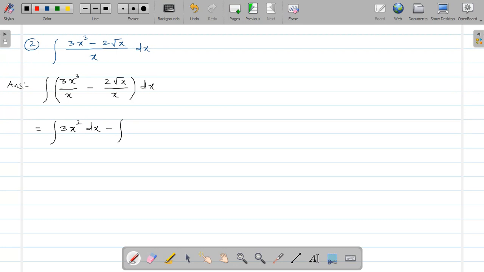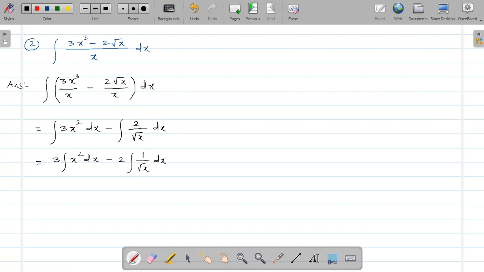Root x upon x means 1 upon root x, so I will write it as 2 upon root x, and I will evaluate the integration with respect to x. Now evaluate this. So I will take 3 outside into integration of x square dx, minus 2 outside into integration of 1 upon root x dx.